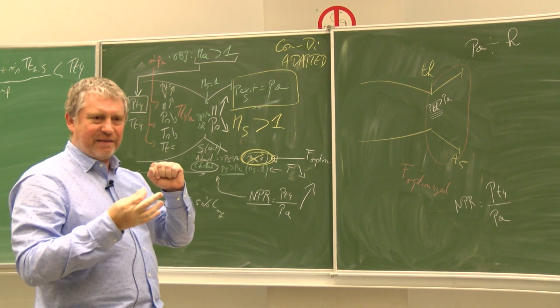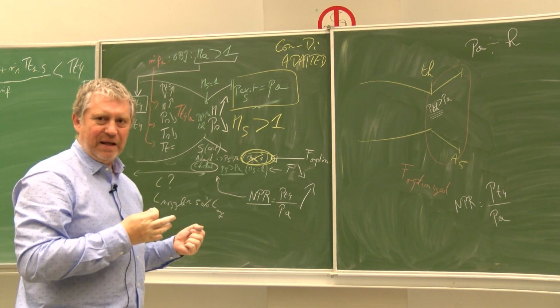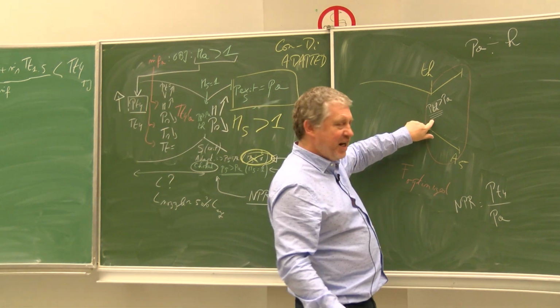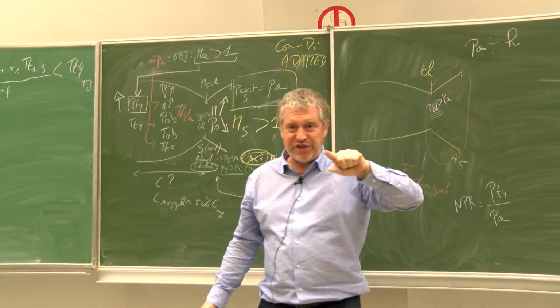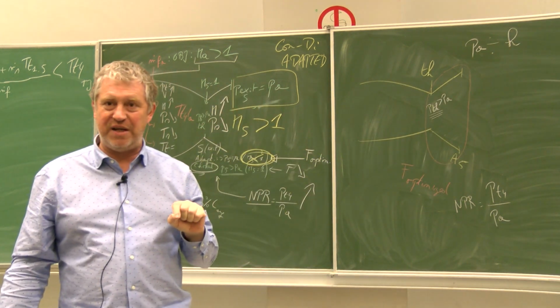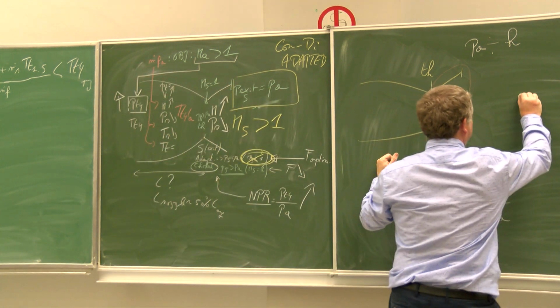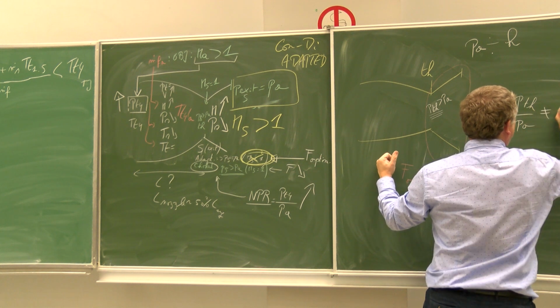And let's say that with the same engine, you fly at another speed and with another altitude. This will change, but also this will change. PA will change and P throat will change. And not in the same ratio, P throat divided by PA will not be equal to a constant.